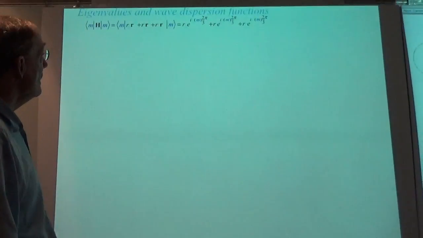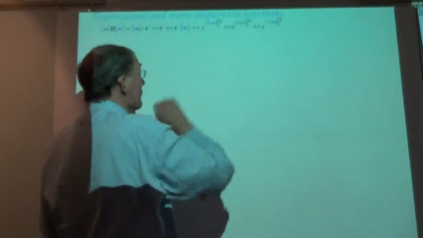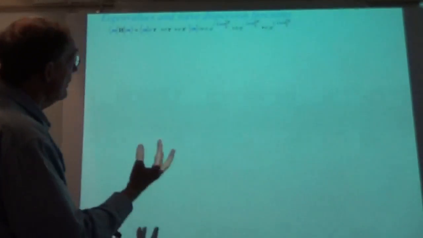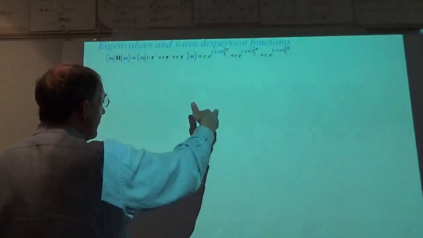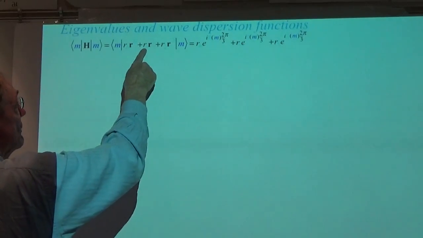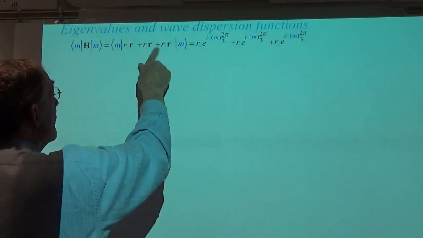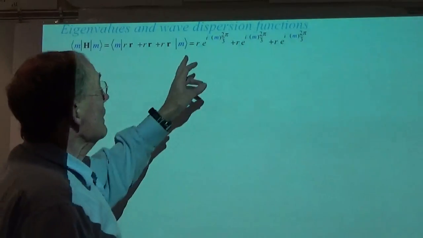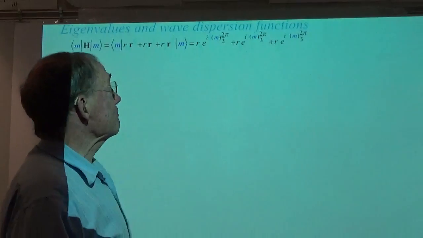Okay, let's get some physics going here. If you want to find the eigenvalues, and that means the wave dispersion functions, for a Hamiltonian that has tunneling between 3 points given by these parameters, and 2 of them are complex, so that's altogether 5 parameters, then here's the answer.